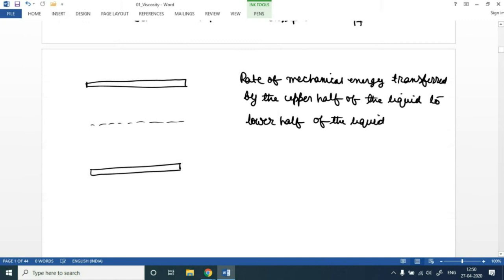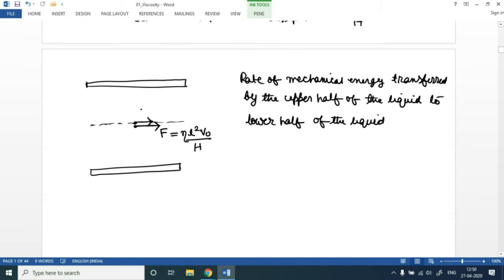Now you see, the upper half of the liquid is exerting, it will be dragging the lower half with this force over here, and the magnitude of this force we have already calculated. That is eta L square V naught by H. And now you see, this layer of the liquid is moving with what velocity?